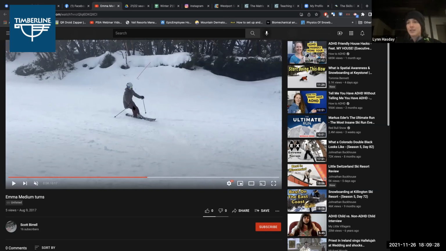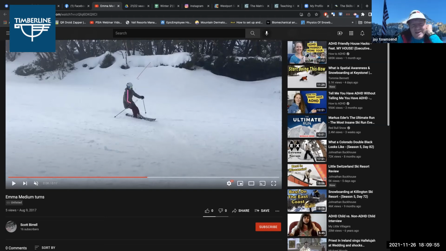So in an ideal situation, we'd like the angle of the hips, the angle of the knees, and the angle of the ankles to be pretty similar. So for this skier, I'm just going to use pink because it's really easy to see. Angle of the hips, angle of the knees, angle of the ankle. Actually, they're close. That was not a good drawing. I'm sorry.